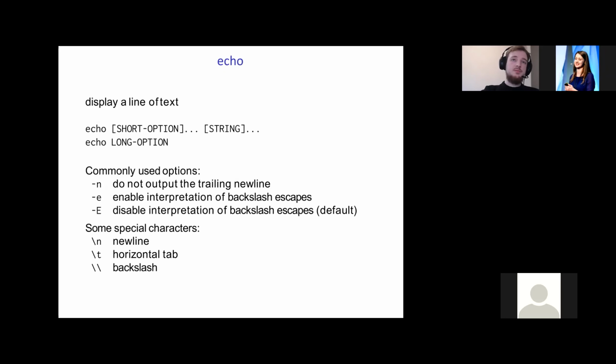So echo is a command that we can use to print output to the terminal. I often use this for debugging or to write something to a file. Let's say I'm creating a table from some quality check output of sequencing reads, or, as I said, debugging.